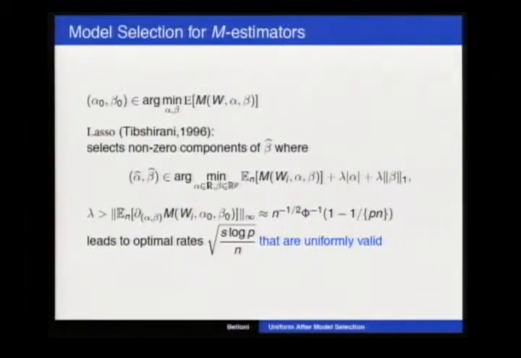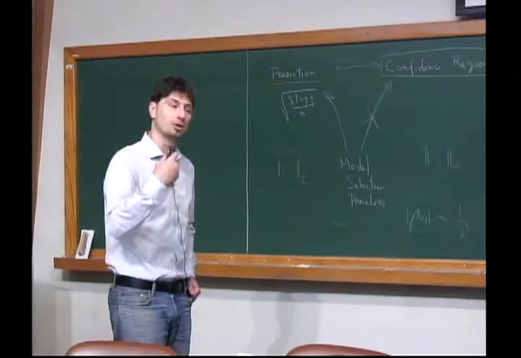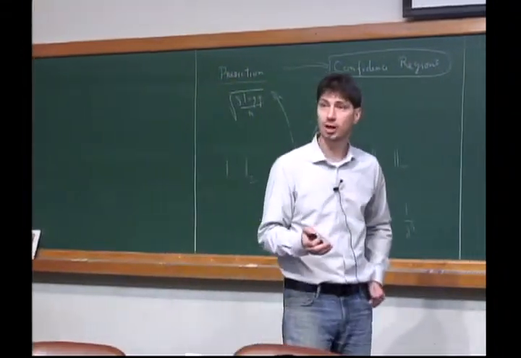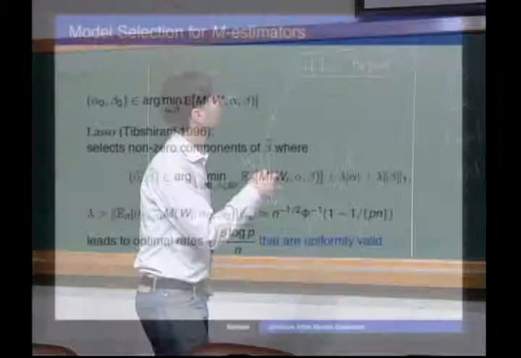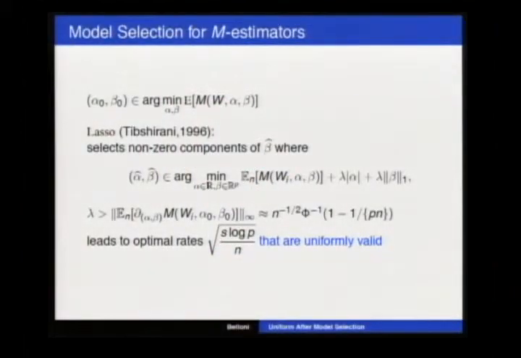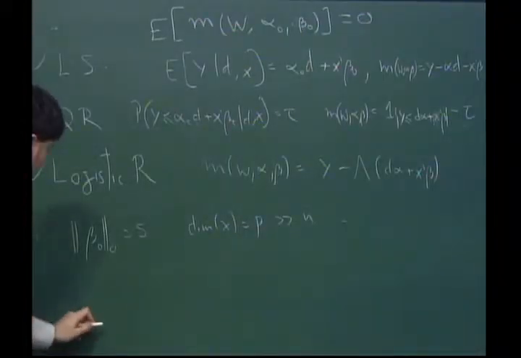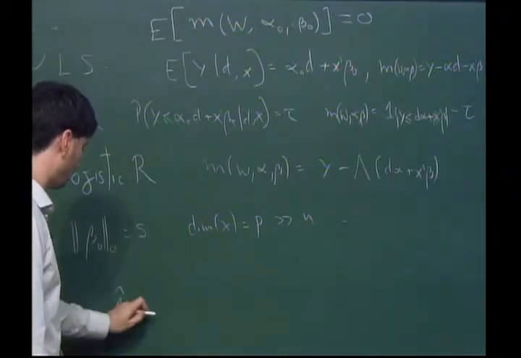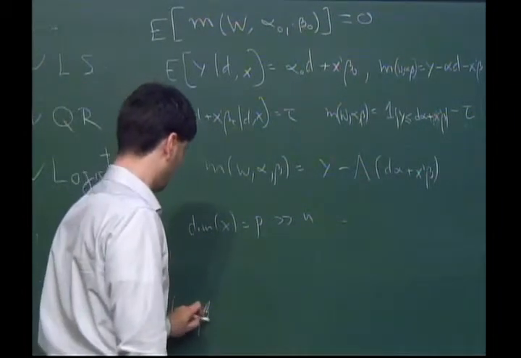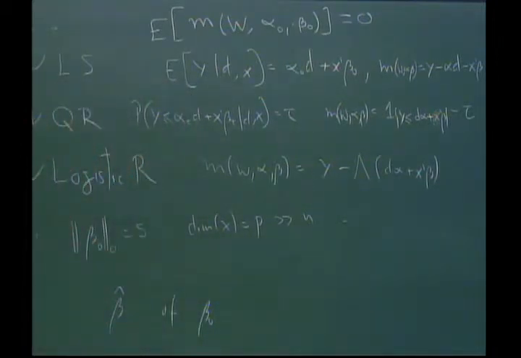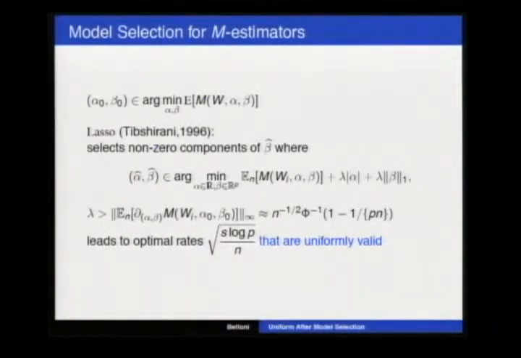And just to make sure we are on the same page, when we're talking about doing model selection here, Lasso is one example of how to do model selection. I could do it in other ways. But for each one of these problems, if I want to come up with some estimator beta hat of beta naught, I can run a lasso, where En is just 1 over n summation over observations, and the criterion function is the one associated with each problem.